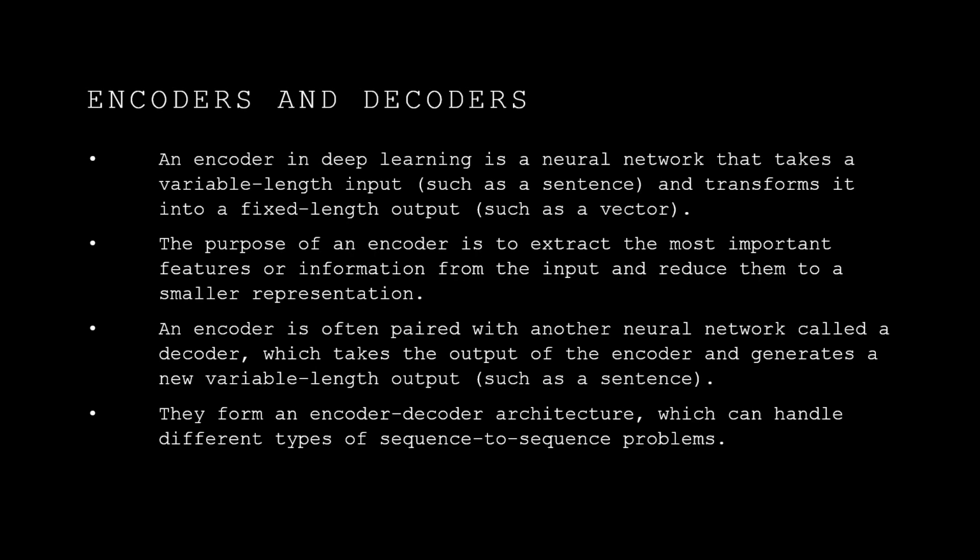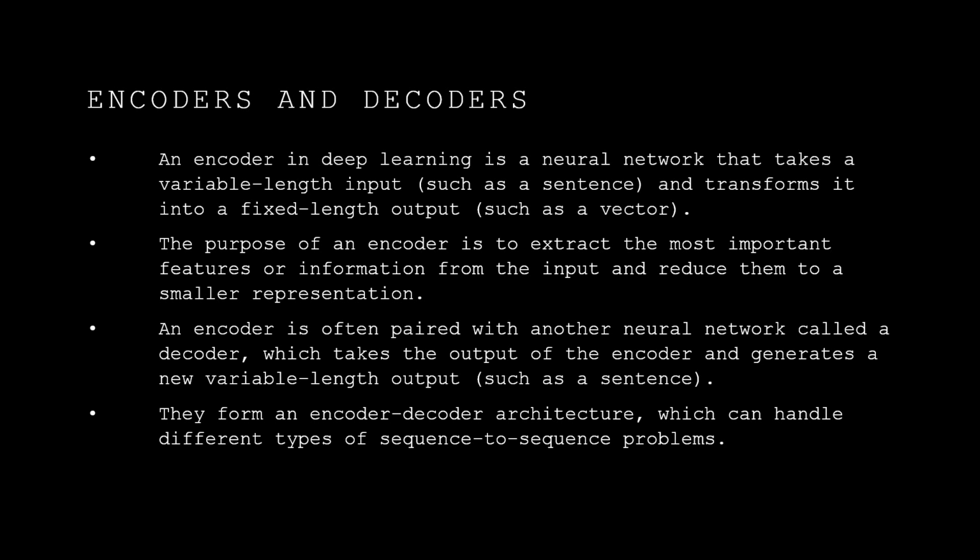Encoders and decoders. An encoder in deep learning is a neural network that takes a variable length input, such as a sentence, and transforms it into a fixed length output, such as a vector. The purpose of an encoder is to extract the most important features or information from the input and reduce them to a smaller representation.